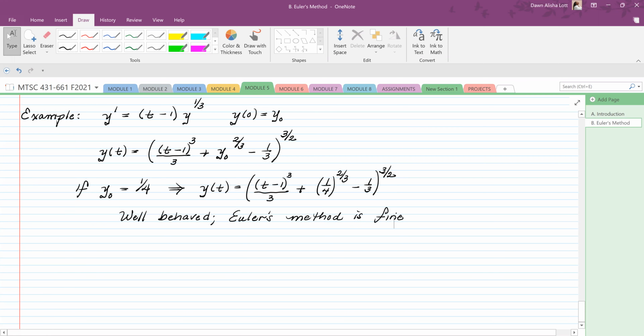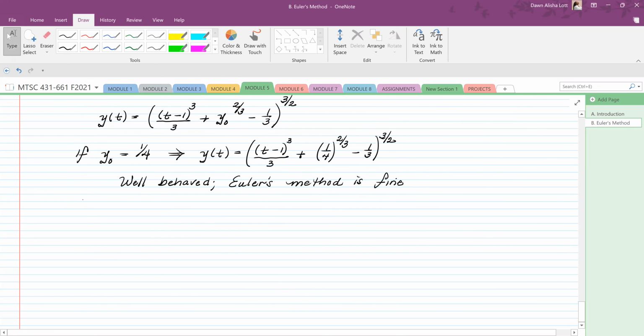Okay. If y naught is equal to 3 to the negative 3/2 power, then you get y of t equal to, nope, that's t minus 1 cubed over 3 to the 3/2 power.